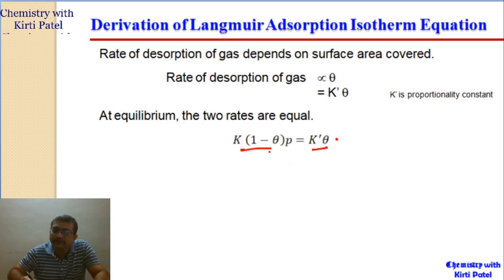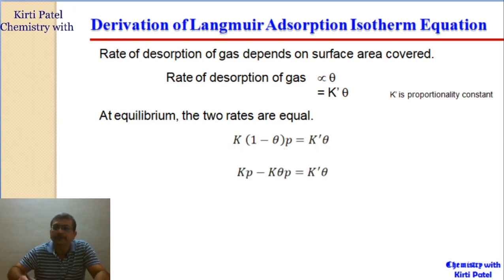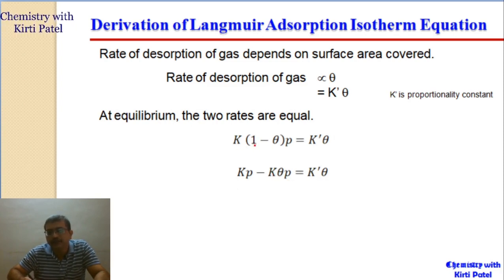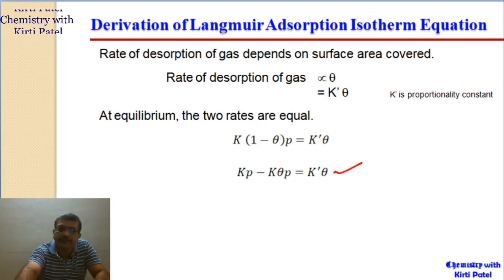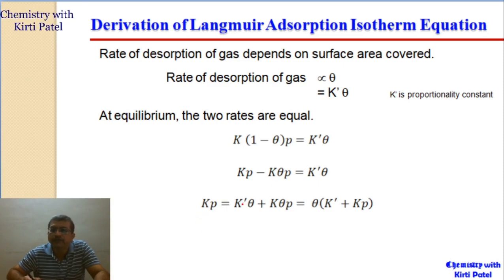Now if we expand this term K into 1 minus theta into P, we will get K into P minus K theta into P, that is K into 1 into P, that is KP, and K into theta into P. So KP minus K theta P equals K dash into theta. If we take the theta terms together on one side, we will get KP is equal to K dash theta, and this minus will come to this side and become plus, so K dash theta plus K theta P, and here we can take theta as common, so theta into K dash plus KP. So we will get this equation.